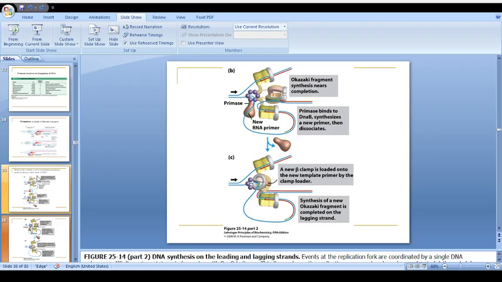The process repeats for every single Okazaki fragment. A new primer is synthesized and a new beta clamp is loaded. And the DNA is looped out to fix its position because it has to complete the processivity of replication in both leading as well as lagging strand in the same length of the DNA.